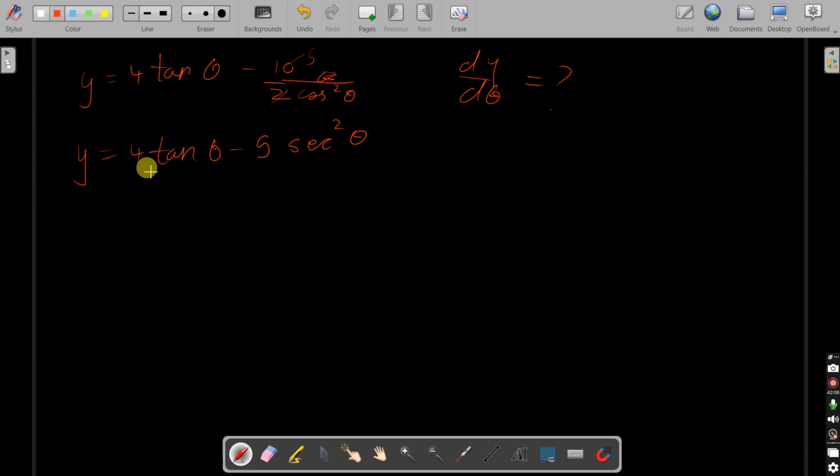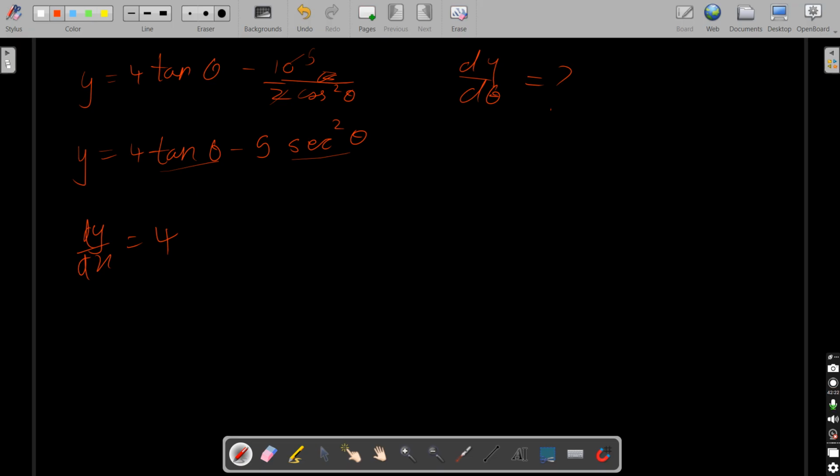Now we have to differentiate this. dy by d theta is equal to 4 times the differentiation of tan theta, which is sec square theta.